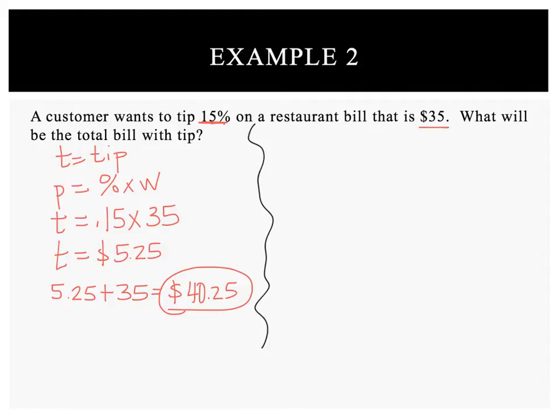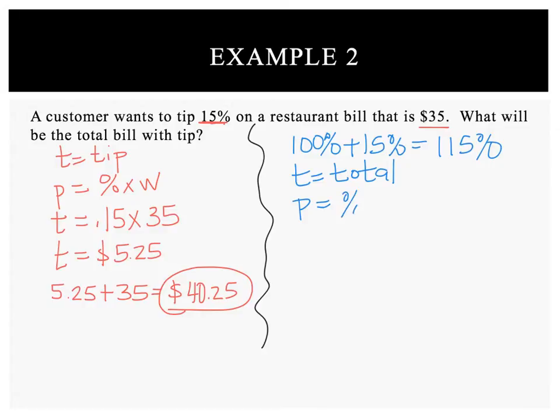So now let's do method 2, and that's where I take that 100% plus my 15%, and I get 115%. The 100% is my $35, and the tip is my 15% of that. So remember, T is my total cost now. Okay, and we still use that part equals percent times whole.